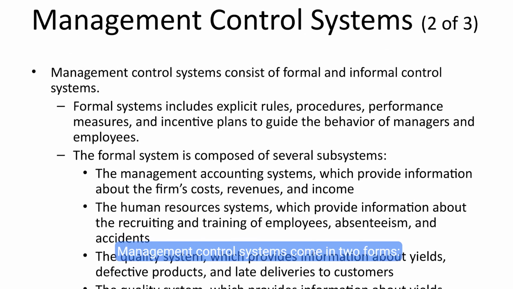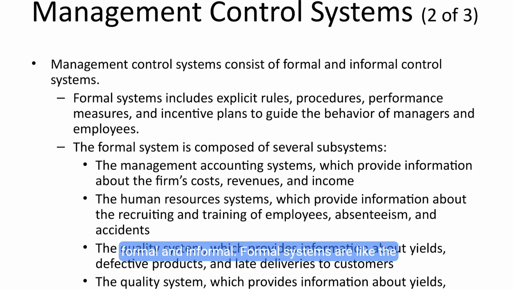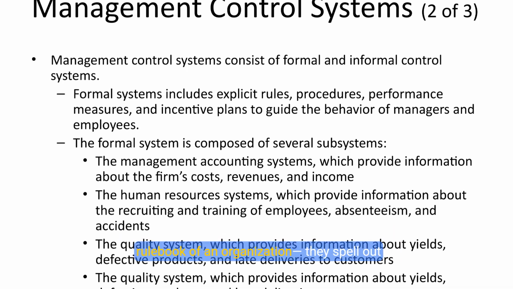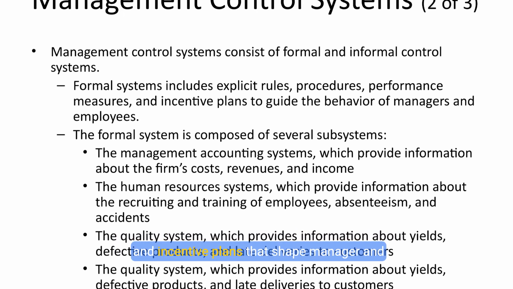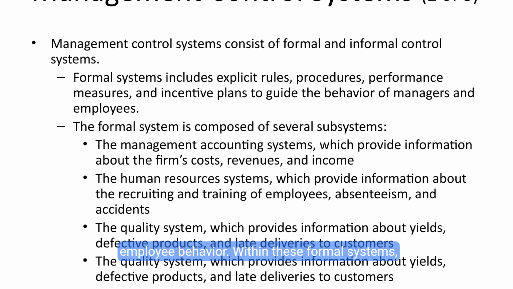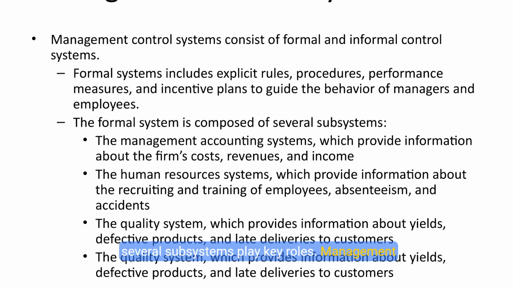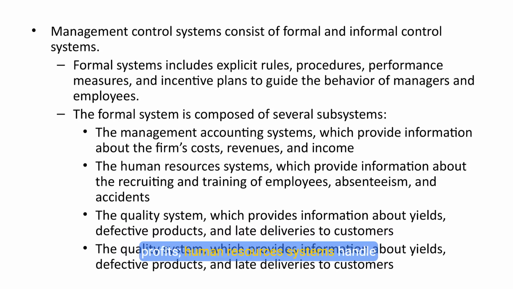Management control systems come in two forms: formal and informal. Formal systems are like the rulebook of an organization. They spell out explicit rules, procedures, performance measures, and incentive plans that shape manager and employee behavior. Within these formal systems, several subsystems play key roles. Management accounting systems track costs, revenues, and profits.